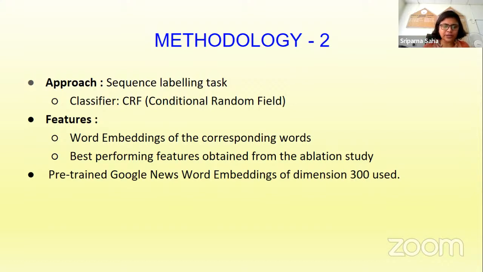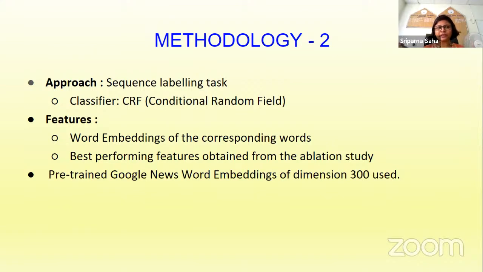These embeddings are nothing but a vector representation of the word, where we map the word in a semantic space and represent it in a numeric format, which is basically a numeric vector.